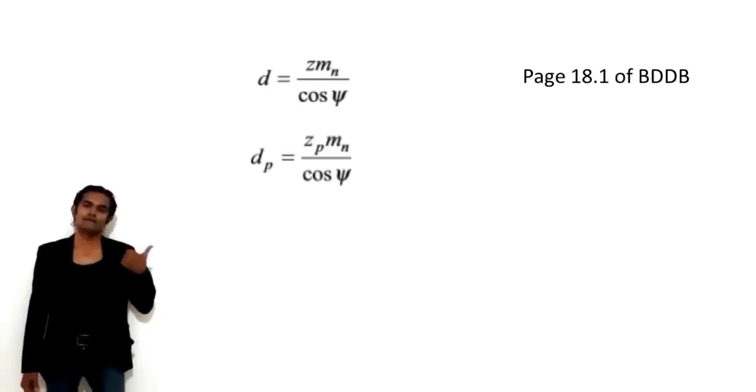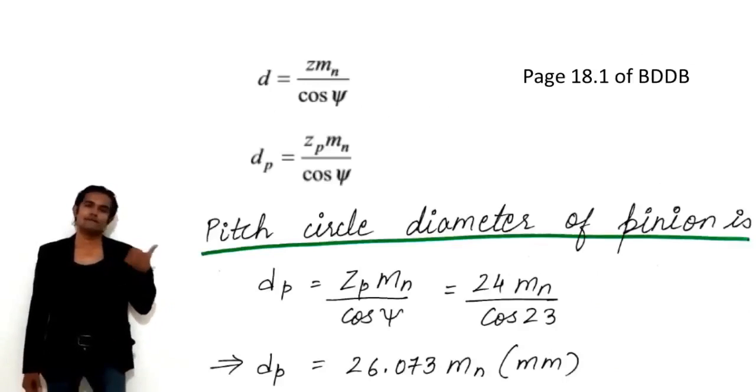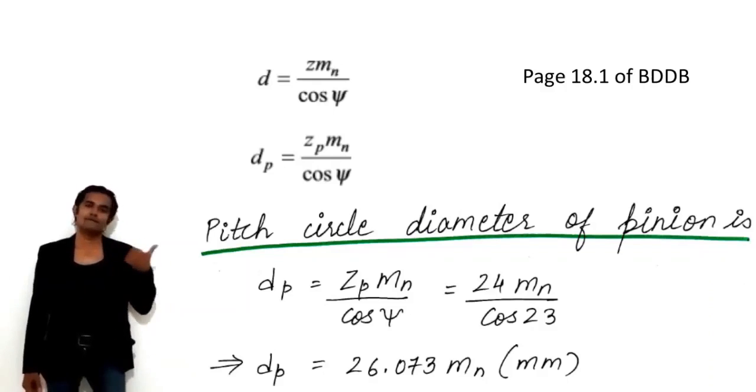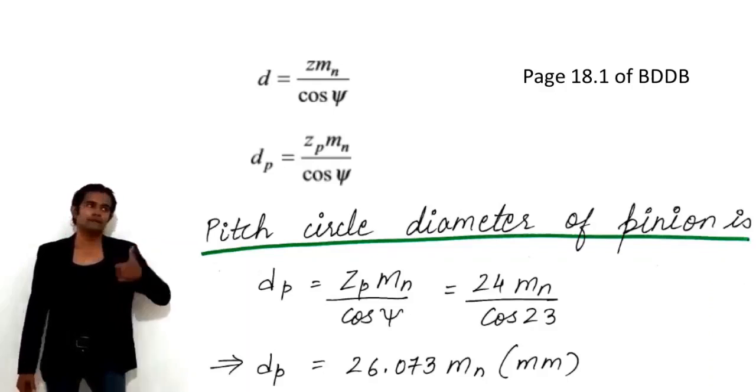Now we are going to find out pitch circle diameter for pinion. Because the pinion is weaker in design, there is same material, so we are not going to find out pitch circle diameter of gear. We are just going to find out the pitch circle diameter for pinion, because both the gear and pinion are made of same material in our numerical. SUT is same, so we will consider pinion is weaker in design.